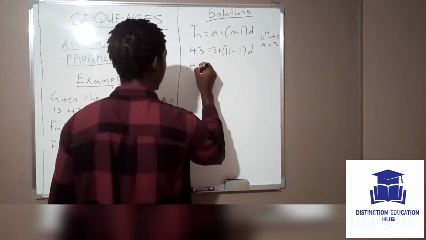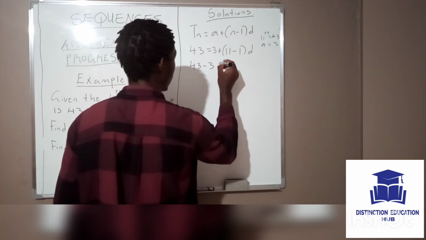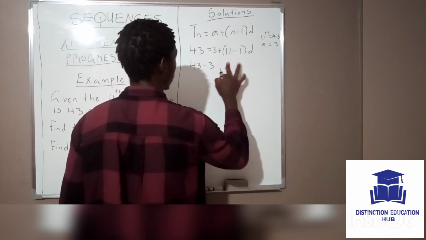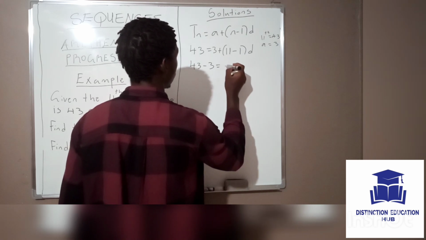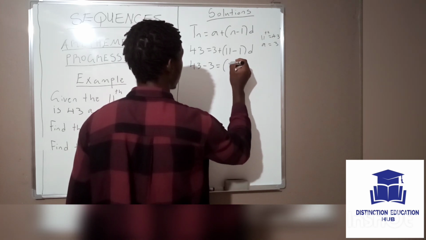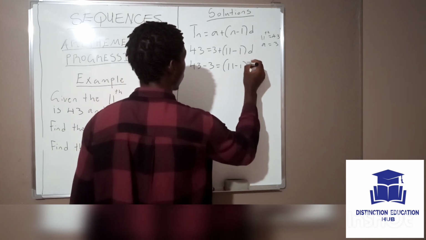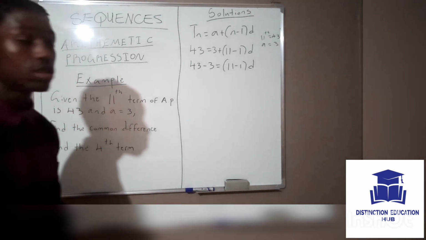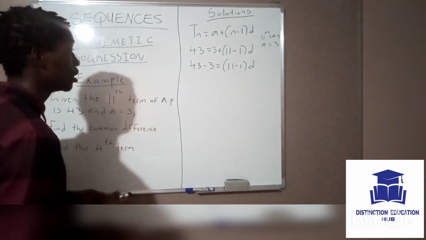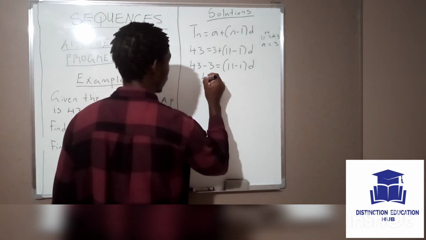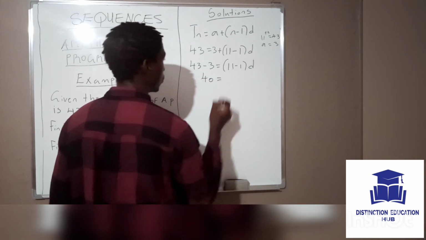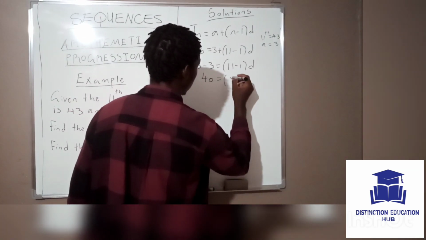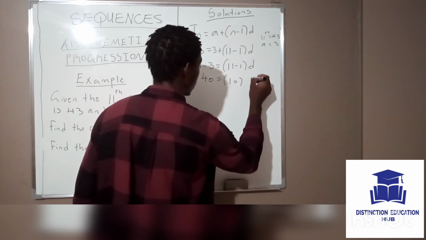So you say 43 minus 3 is equal to, open brackets, 11 minus 1, d. 43 minus 3, what will you get? You get 40. 40 is equal to 11 minus 1, you have 10, 10 close brackets, d.